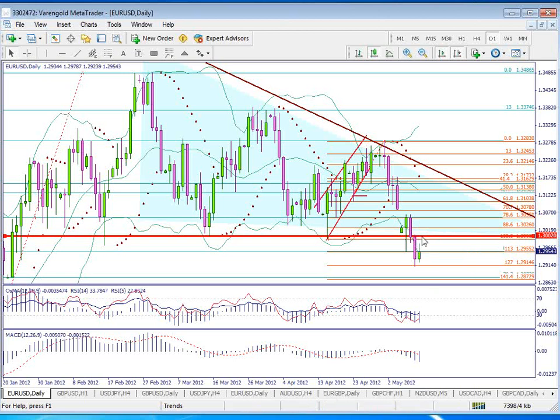Today the pair tried to reach again that support line that now is resistance, but had no power to go even close to that 100 level on Fibonacci on the last wave that was at 1.2993.